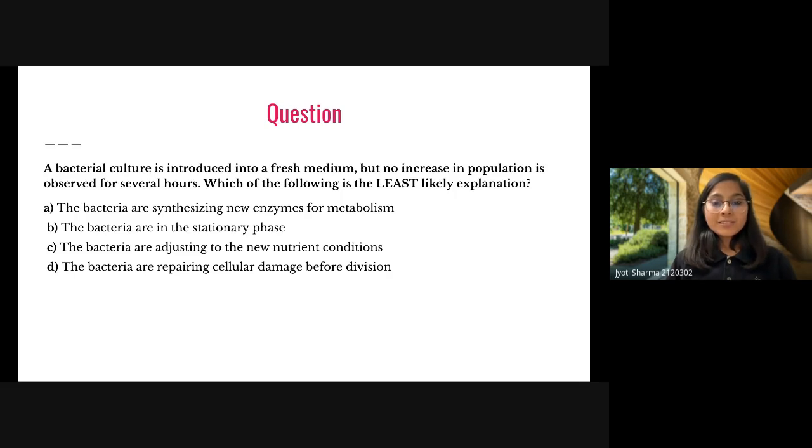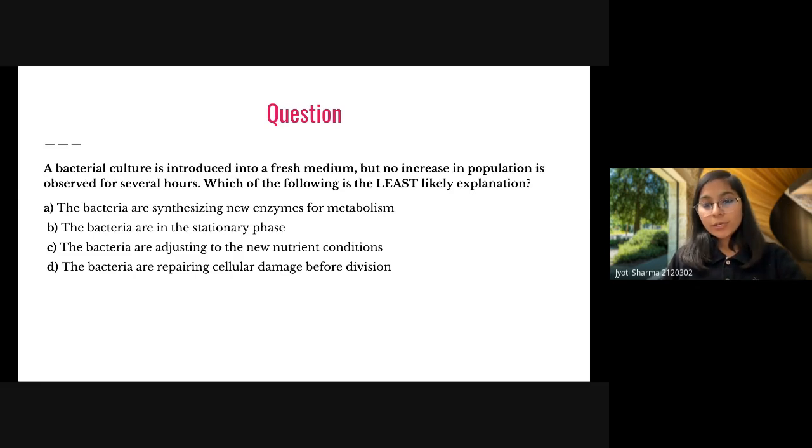Which of the following is the least likely explanation? We have four options: the bacteria are synthesizing new enzymes for metabolism; the bacteria are in the stationary phase; the bacteria are adjusting to the new nutrient condition; and the bacteria are repairing cellular damage before division. Which one is the least likely explanation?